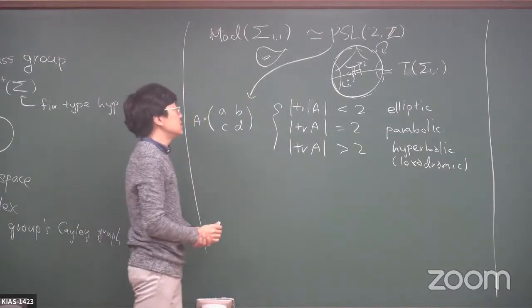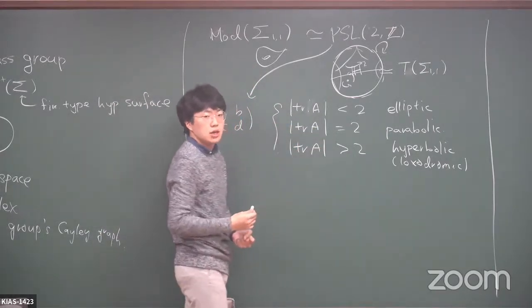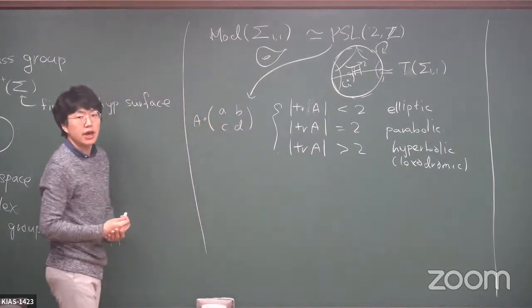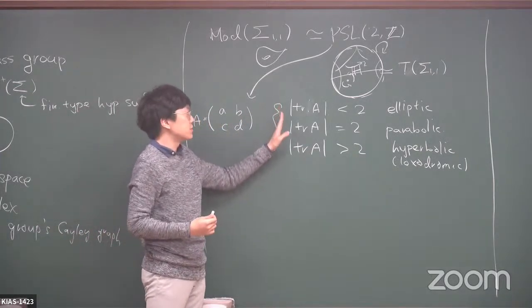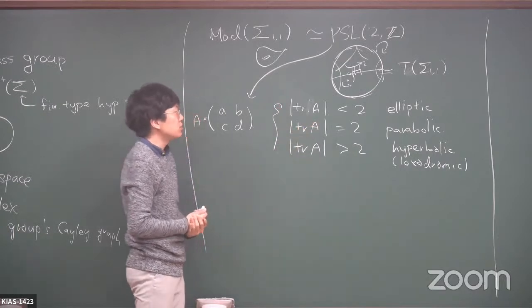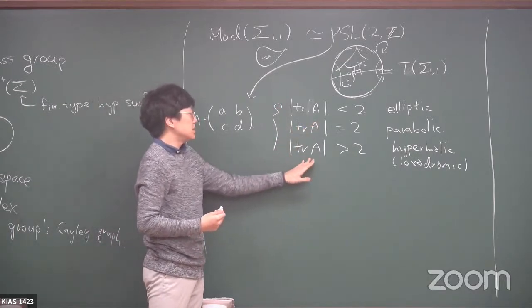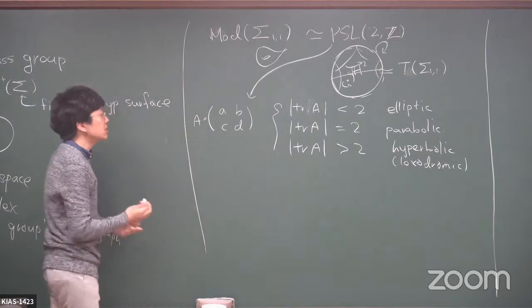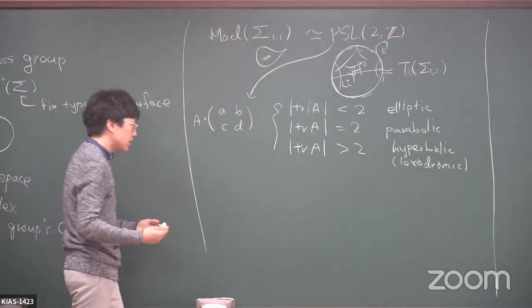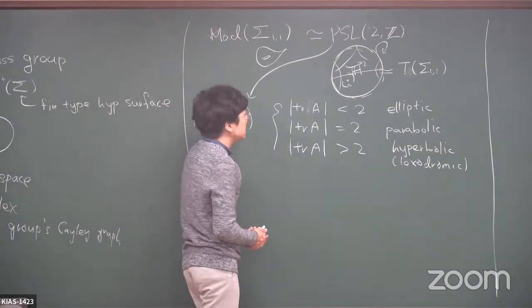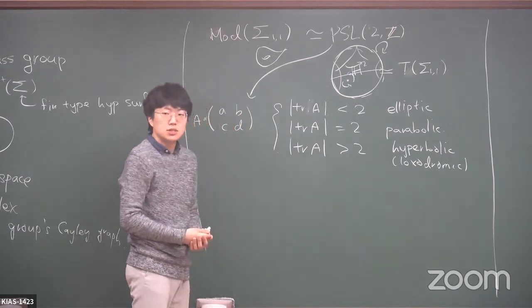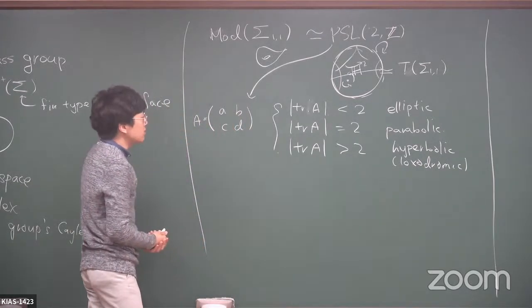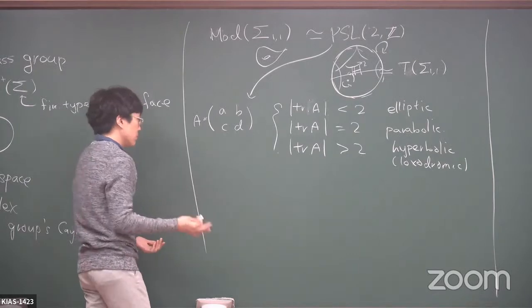What I mean by this is, if you classify the elements with respect to this trace, then there are only finitely many candidates for the trace for elliptic and parabolic elements, whereas for hyperbolic elements you have tons of choices. Or if you want to phrase this genericity or dominance of hyperbolic elements in a different way, there are tons of different ways.